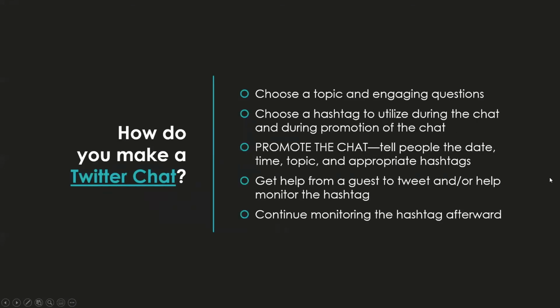And so here are the steps for how to do that. First of all, you choose a topic and either ask people to ask you questions. And by that, I mean, I'm sure a lot of you have heard of an AMA, or Ask Me Anything.